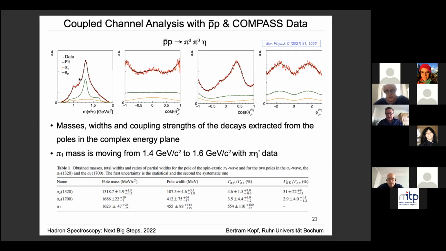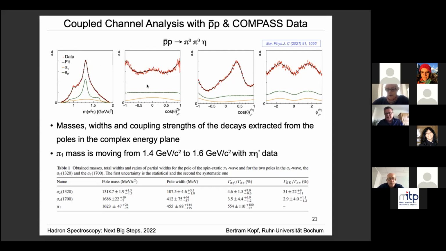The second question, you also already sort of mentioned it, the fact that you are not likely, for instance, in PANDA, you are not likely to have a full phase space acceptance. How do you? Yeah, but in PANDA we have in principle the full phase space available, and this is the advantage for the partial wave analysis, and this we would like. Yeah, of course.